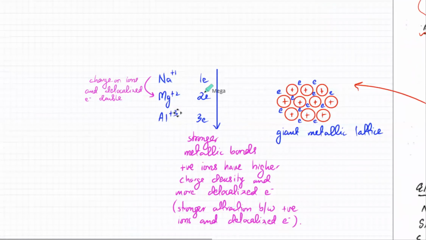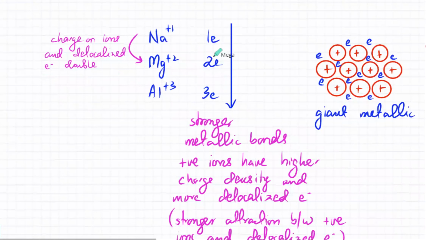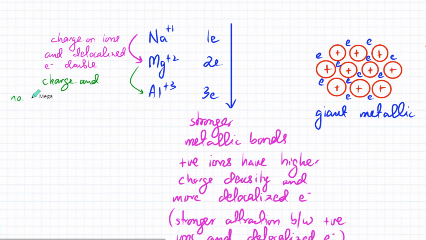Now, when you move from Mg to Al, the charge is not doubling, but it only increases by 50%. So the charge and the number of delocalized electrons increase by 50% only.